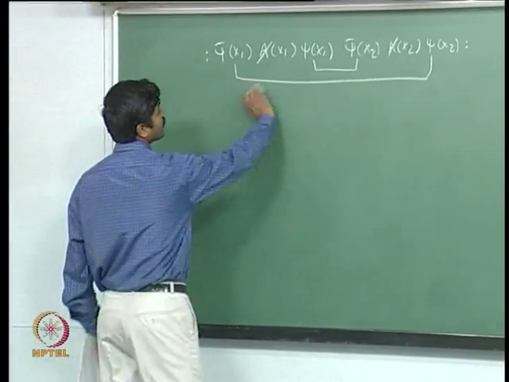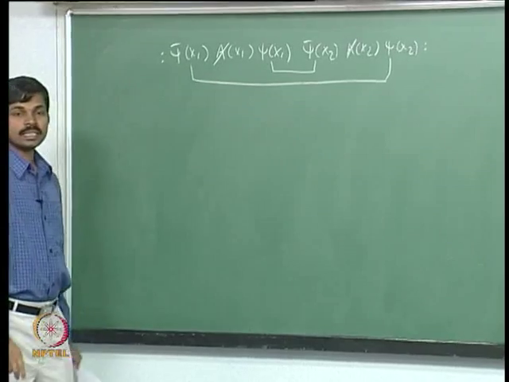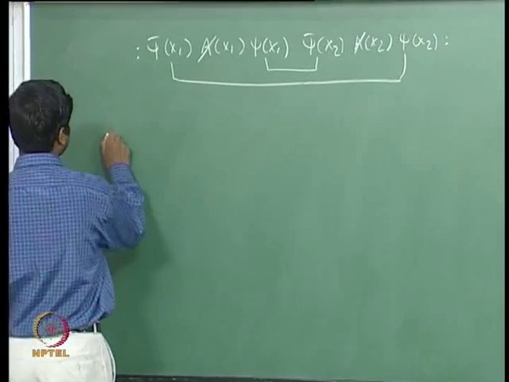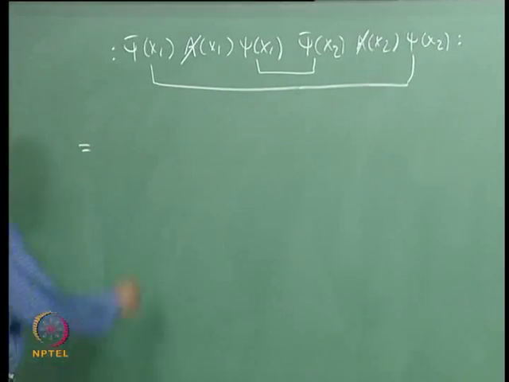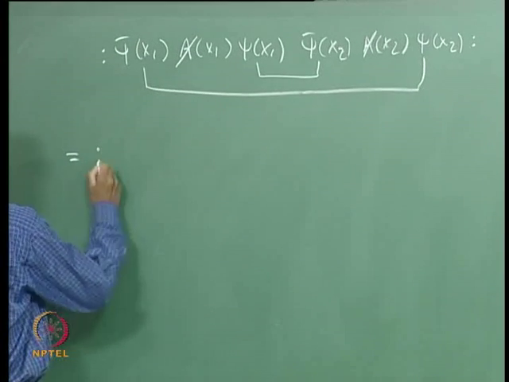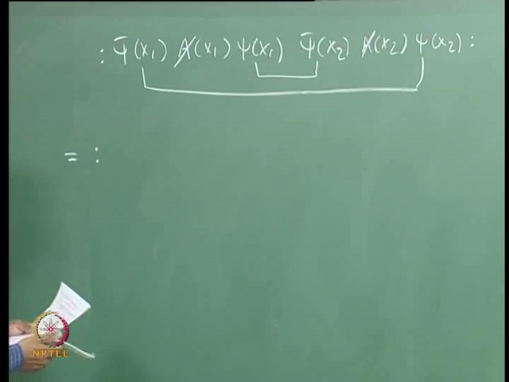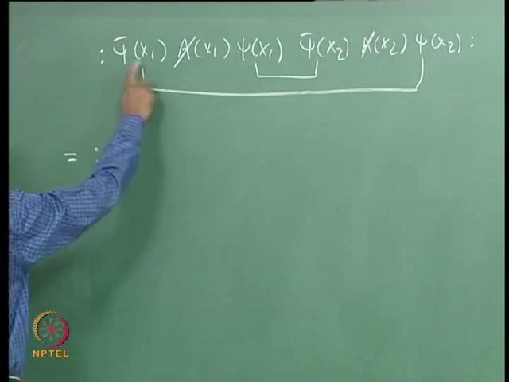So let us consider this term and then write it in a simpler way. So that you have the normal ordered product, and then I can expand it in terms of its components here.